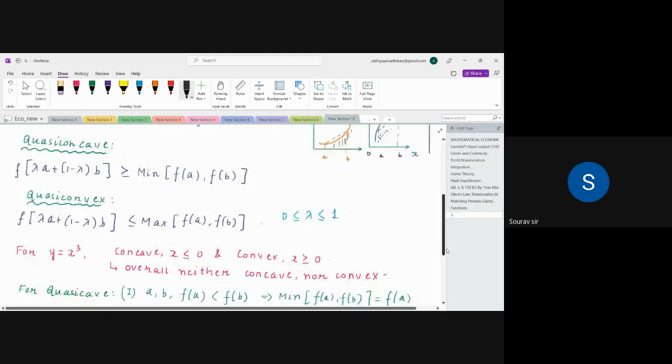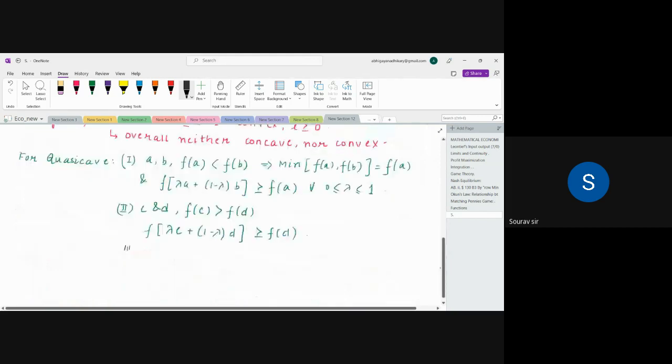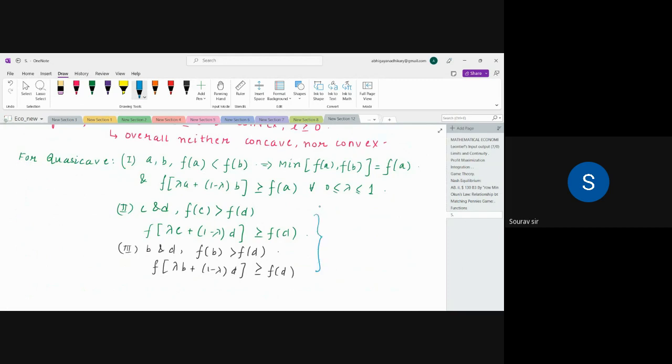That means case 3 would be to take B and D such that function of B is greater than function of D. Here also it is satisfied, greater than or equal to function of D. So we have taken all possible combinations and we can conclude that the function is quasi-concave.